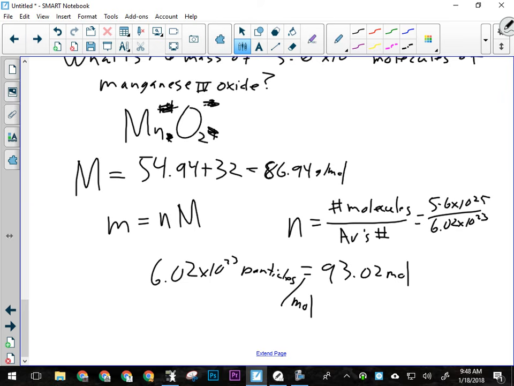So when I was dividing particles by particles per mole, particles canceled, and I was left with moles. With me there? If I multiply, I'm going to take N, which is moles, and multiply by particles per mole. Moles cancel, left with particles. Yeah?